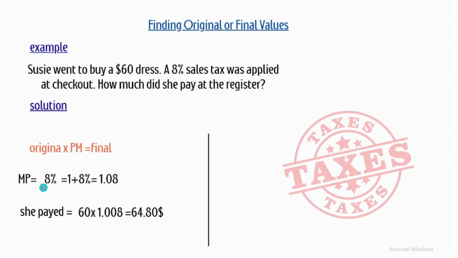The PM equals 1 plus 8% equals 1.08. This is the multiplier. So the final will be the original times the PM. The original is 60. Take care with this kind of percentage. Original times PM equals the final.